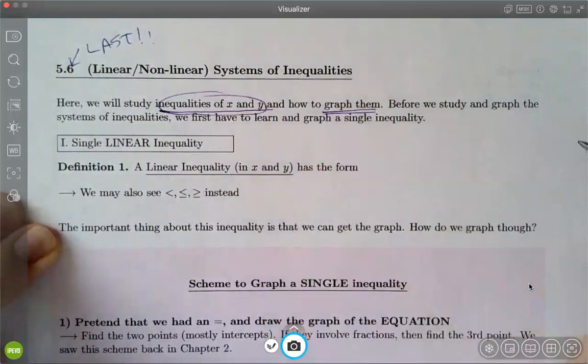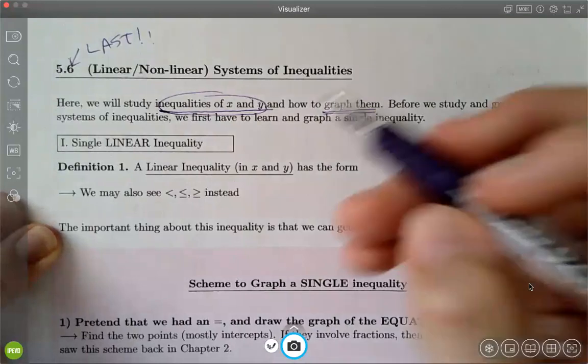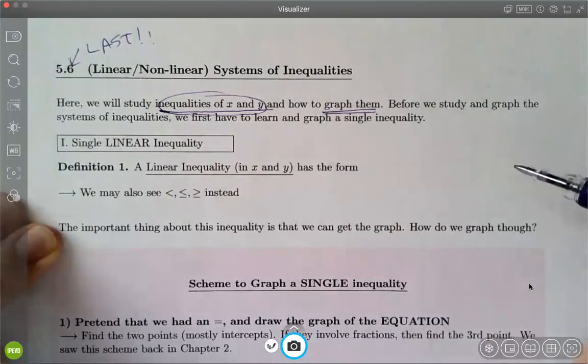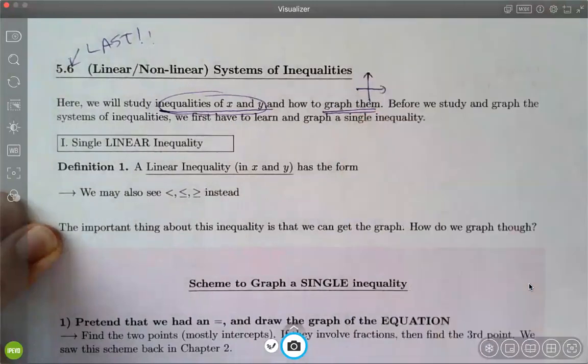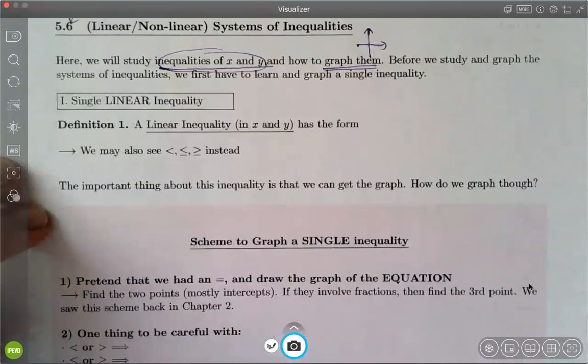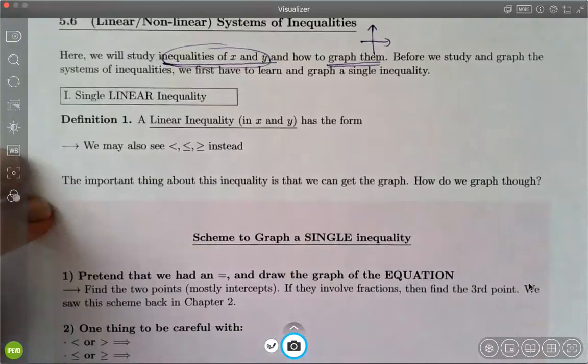When we had just one variable x, graphing an inequality meant graphing on the number line. Now, what if we have two variables, x and y, graphing on the xy plane? Again, before we study the systems of inequalities, we first have to look at how to graph a single inequality in terms of x and y.